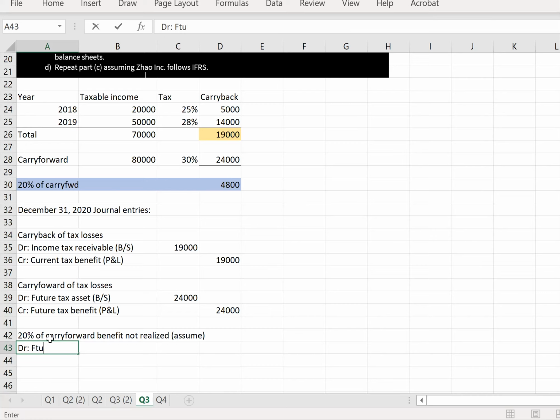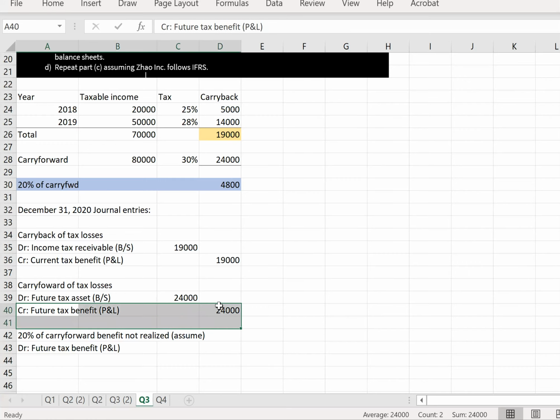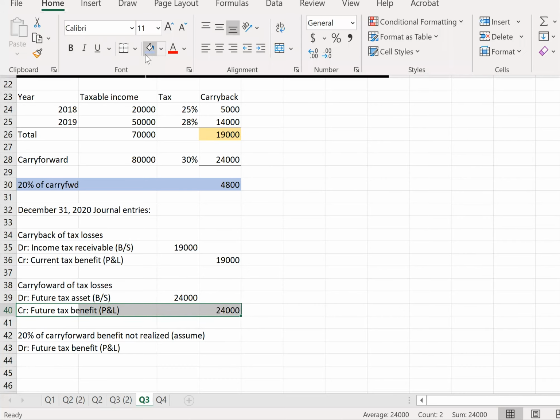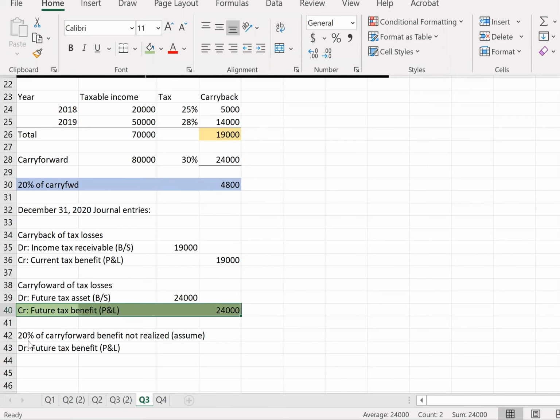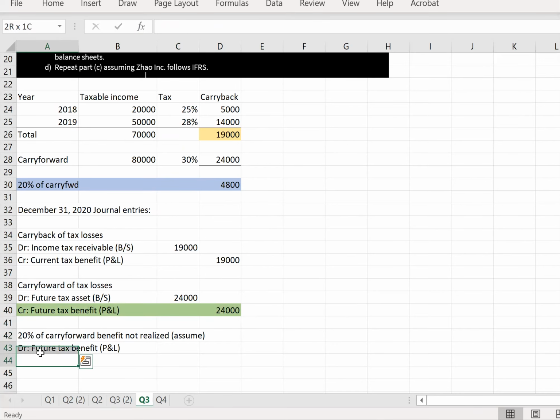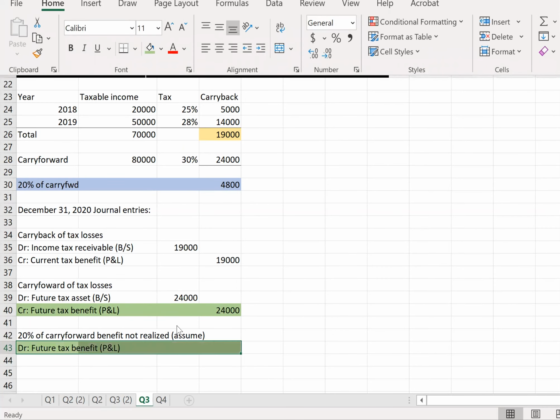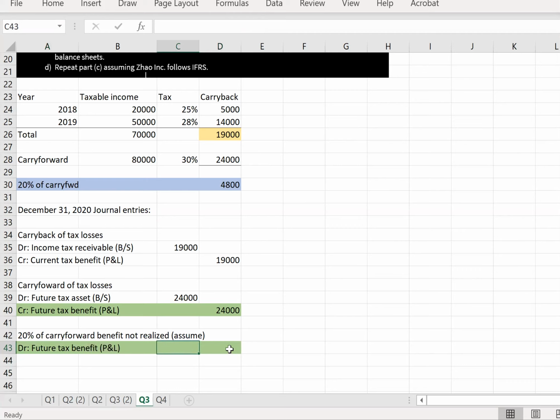So our entry is going to be debit, future tax benefit, P&L. So you can see we're hitting the P&L account directly. These two accounts are the same. And this is going to be important when we talk about the income statement presentation later. You can see this account and this account are the same, but we're not going to hit the balance sheet account directly. Just like with accumulated amortization, we don't hit the asset directly.